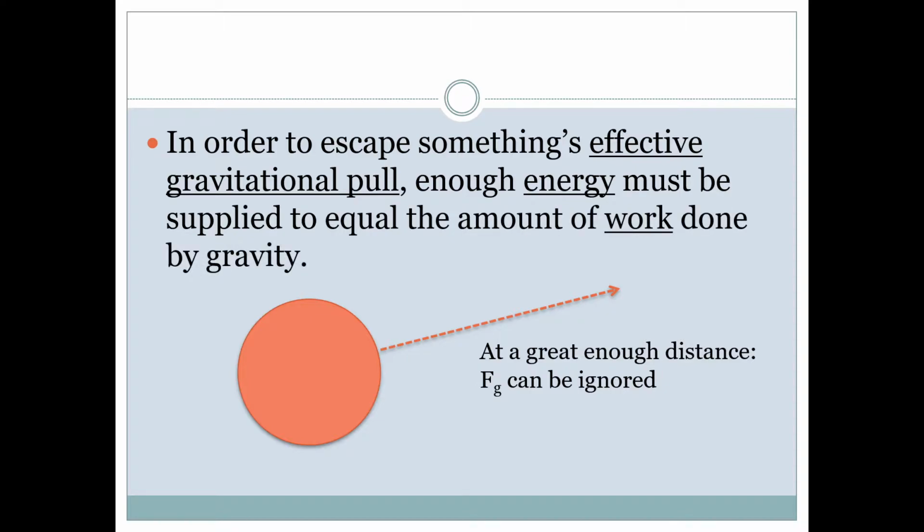Now, in order to escape something's effective gravitational pull, we have to provide enough energy to equal the amount of work done by gravity. And what this means is this amount of work is basically how much work gravity did to drag the object from an infinite distance to itself. Okay, so let's see if I can illustrate this a little better.